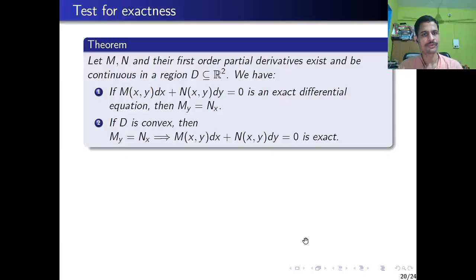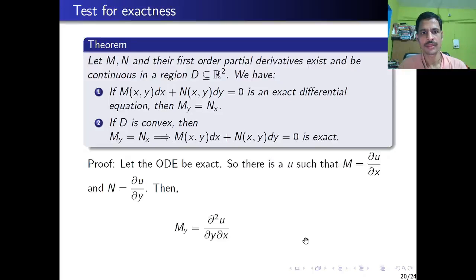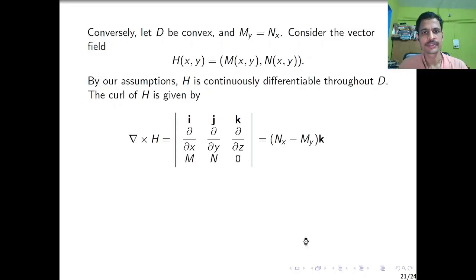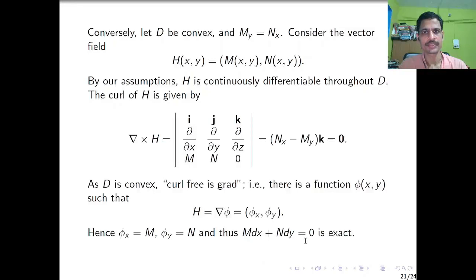And if you notice that it is exact, then we can apply the method of finding u either by inspection or by the rule that you learned in the previous slide. And once you find the u, then u equal to 0 is the solution. So we'll see some examples.